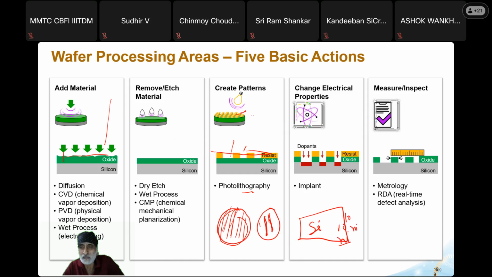But still it is an insulator, because silicon atoms are 10 raised to the power 22 per centimeter cube. So in 10 raised to the power 22 per centimeter cube, we have only 10 raised to the power 10 electrons. So for 10 raised to the power 12 silicon atoms, we have one electron. It cannot constitute a current.